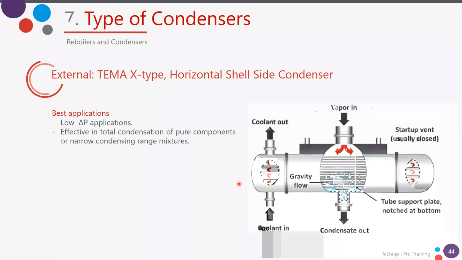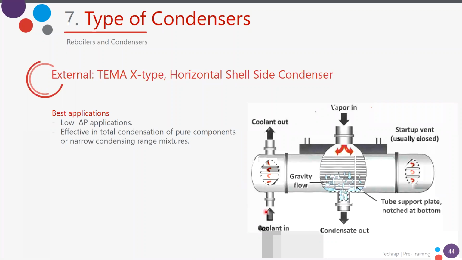And another type of horizontal shell-side condenser is the TEMA X type. These types of exchangers are used when the pressure drop is a concern. So usually they are used for vacuum condensers.